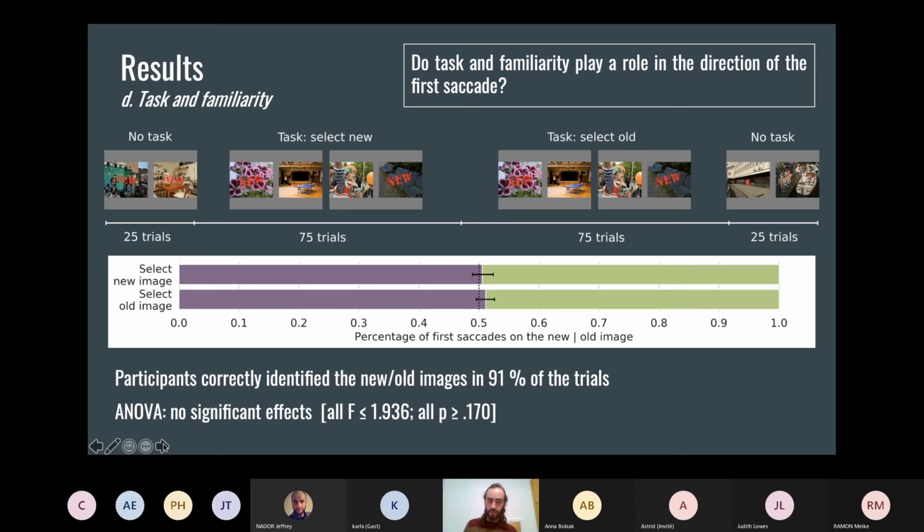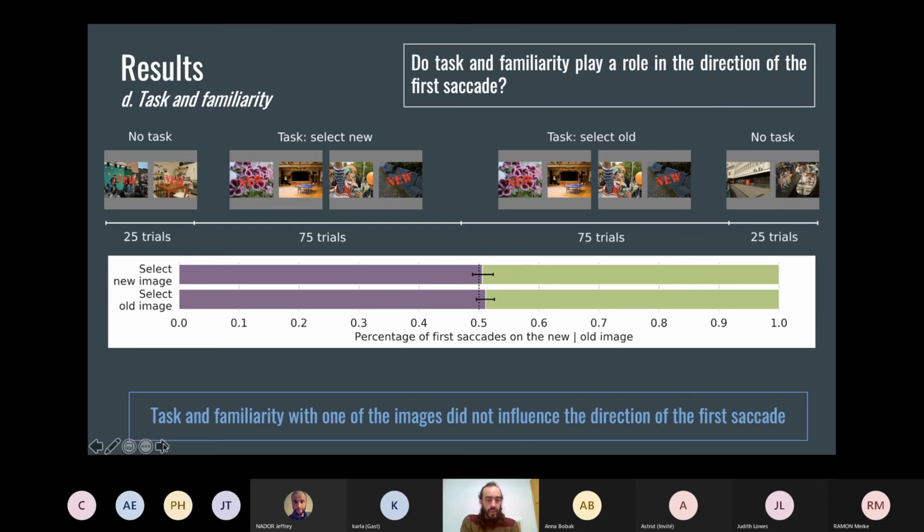And in the next slide, I should have a plot that demonstrates that this is not the case. So we didn't find any strong effect of either task or familiarity. The task was simply to select the new image after the trial or the old image after the trial, depending on the block. And essentially, it didn't play any role.